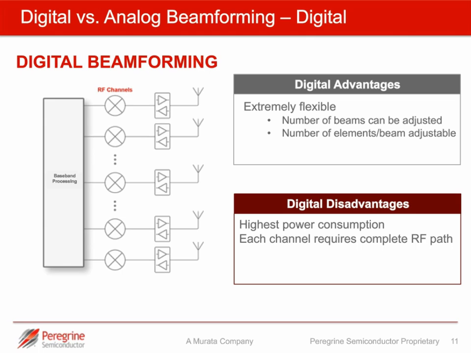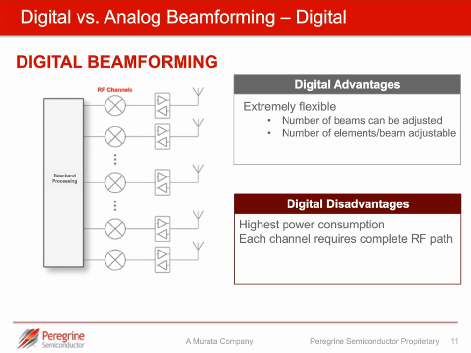So this gives us the ultimate flexibility in our system. It allows us to configure it: we can combine channels to get additional gain, so we can get the array gain, or we can have a larger number of channels to talk to a larger number of users. The disadvantage is its higher power consumption because we need a lot of baseband processing.